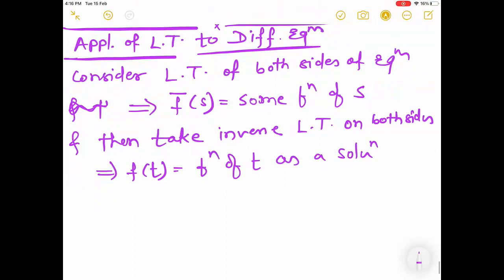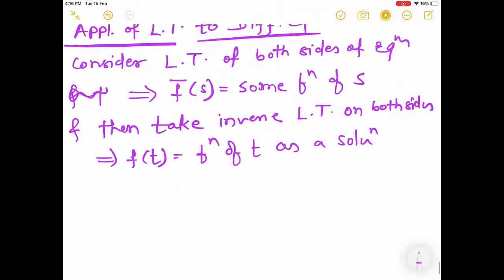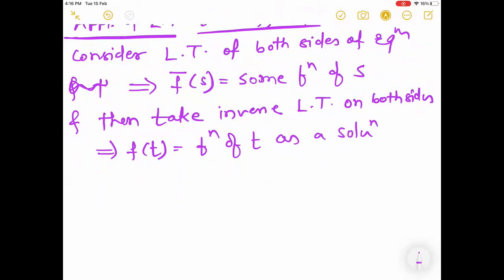Okay, so two things you have to do. First, you take Laplace transform, find the f bar s function, then take inverse transform and find the f of t function. So conditions will be given to you. You have to just apply and get the result into that form. Okay, so let's take it as an example.